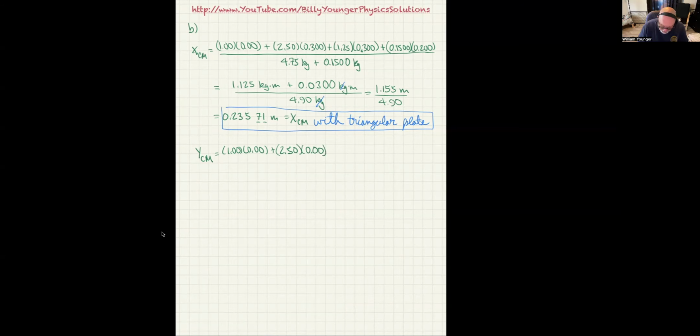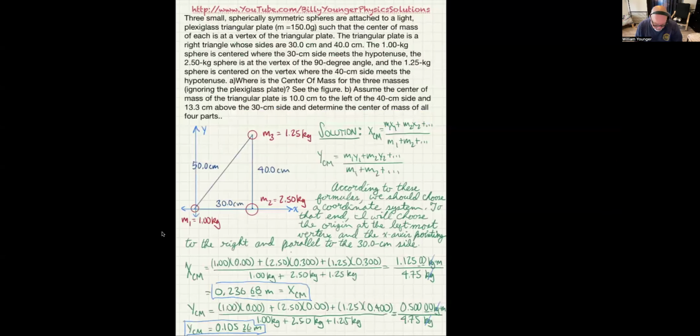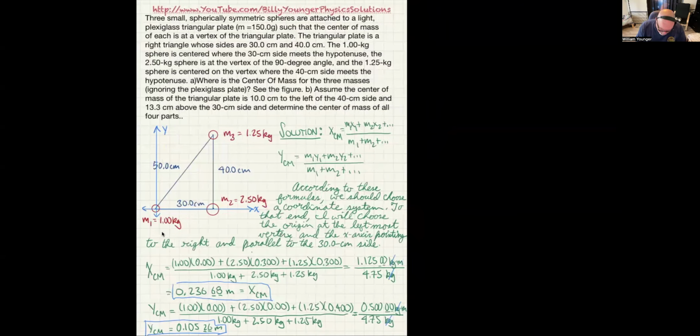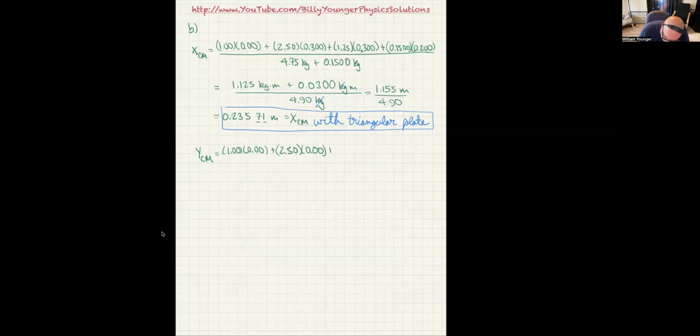You remember we're doing the y coordinate, and neither the M1 or M2 have a y coordinate. They have a y coordinate, but it's actually 0 because they're on the x-axis. But the M3 is actually up at 0.4. So that M3 is 1.25 kilograms, and that is up at 0.400.